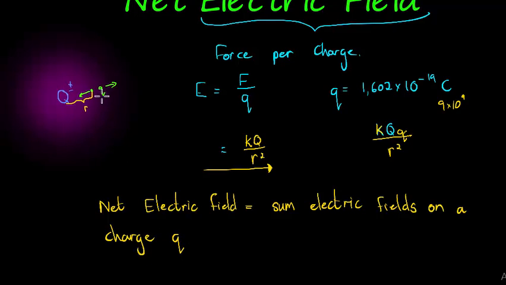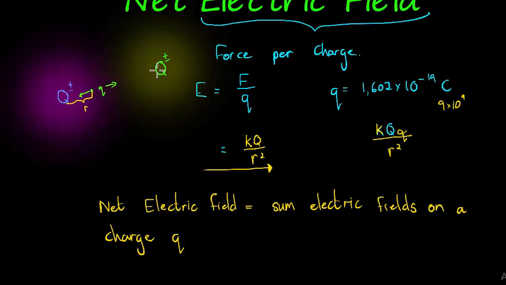So what I'm saying is, what will happen if we put another charge, positive or negative, nearby this charge, so that it too has an effect. So here we have another charge. Let's make this one yellow.